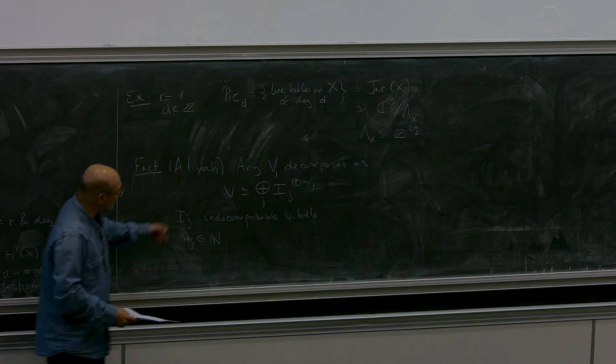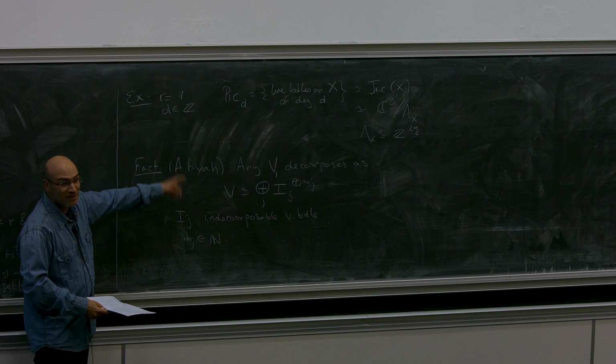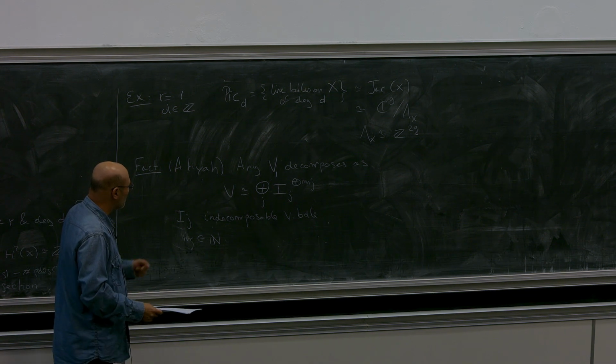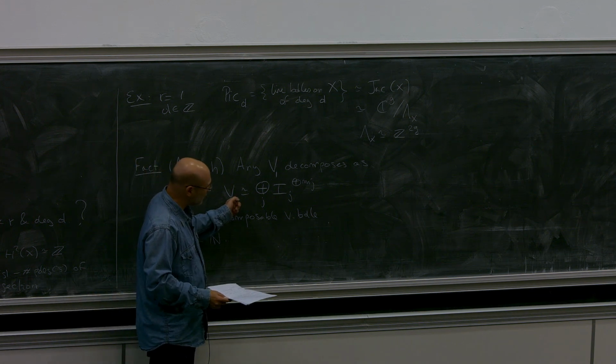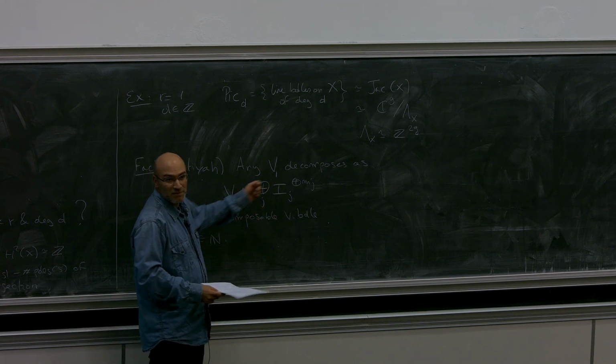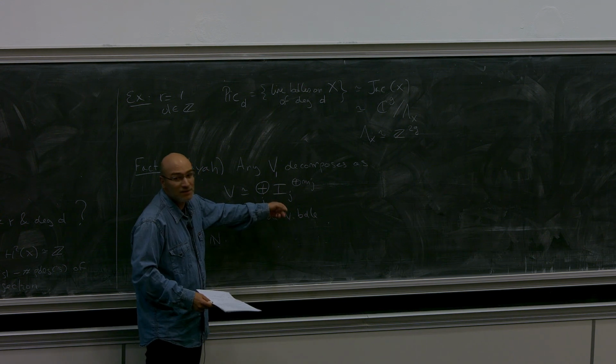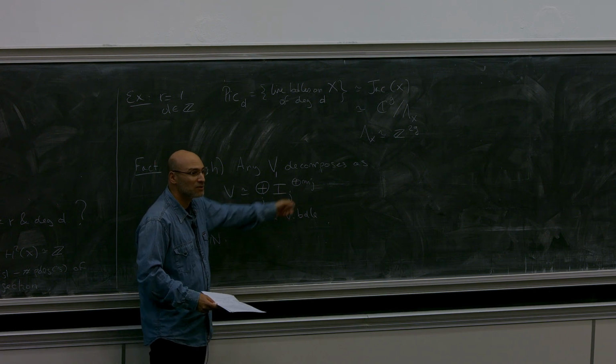Stated like this it is complete triviality. You don't need Atiyah. I just gave you the proof. The important fact is that this decomposition is not at all canonical, but the vector bundles that arise are uniquely determined, and the multiplicities are also uniquely determined.